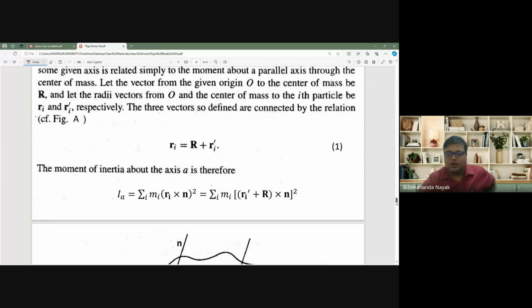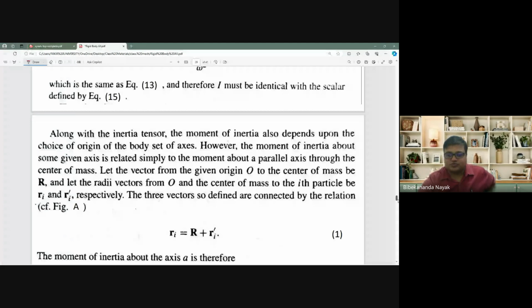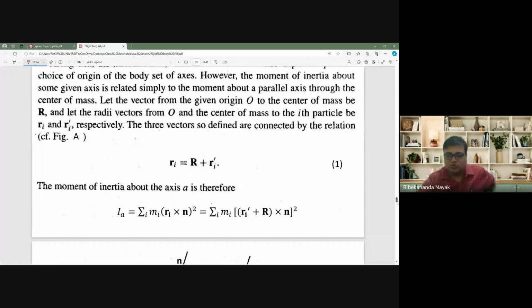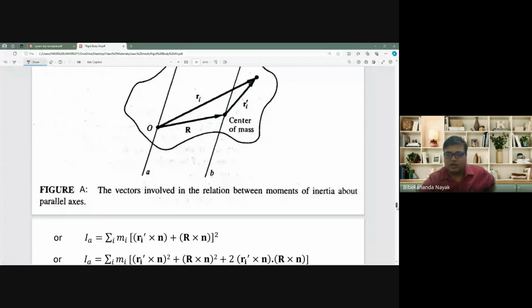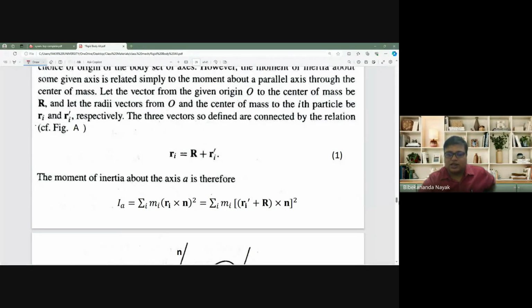The next section is moment of inertia. We know moment of inertia of a body is mr square. Actually, moment of inertia about an axis A is the sum of mi times the perpendicular distance squared. Suppose the body is rotating about some axis, then the moment of inertia is the mass into r square, where r is the perpendicular distance.